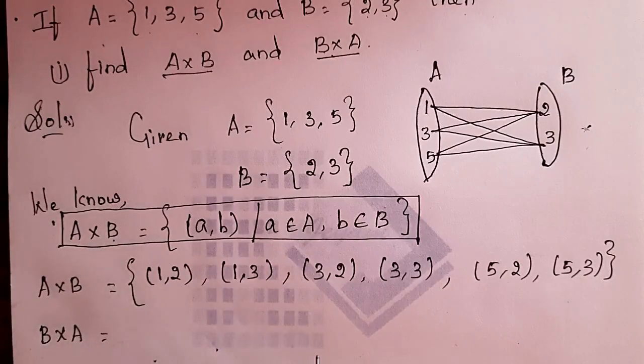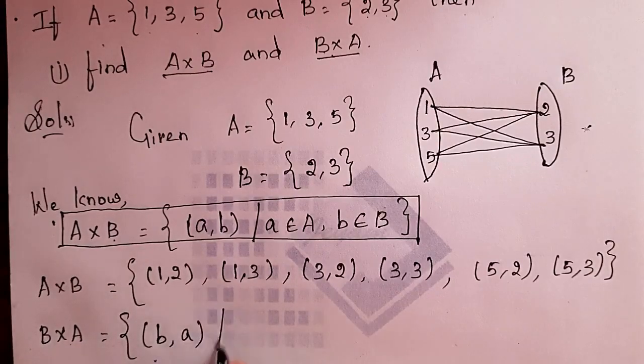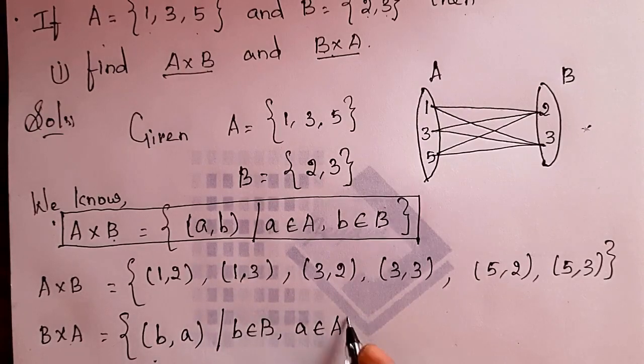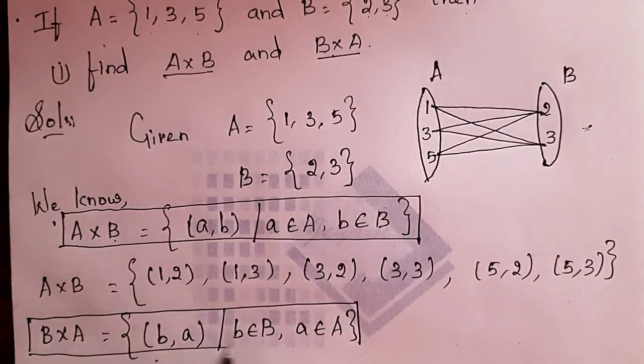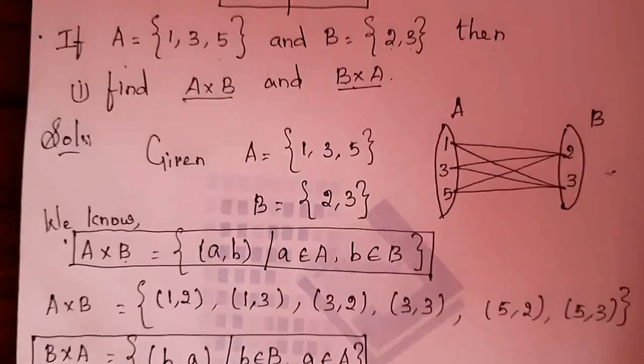How will B cross A be? Set of all (b, a), the first element from B, the second element from A, such that b belongs to capital B, a belongs to capital A. So every element is going to be like this.